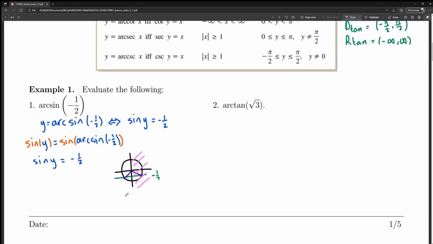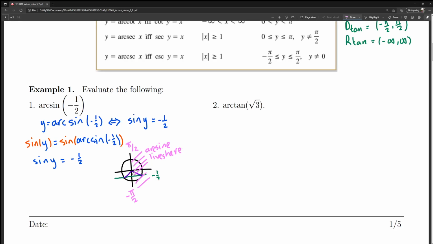This side from negative pi over 2 to pi over 2, that's where the arcsine lives. Arcsine lives here.